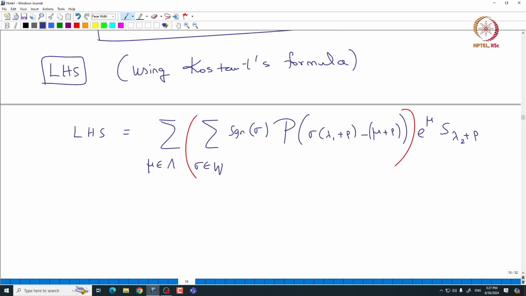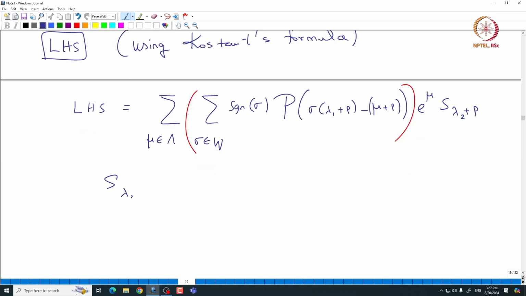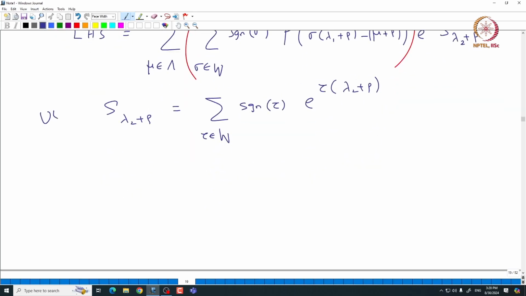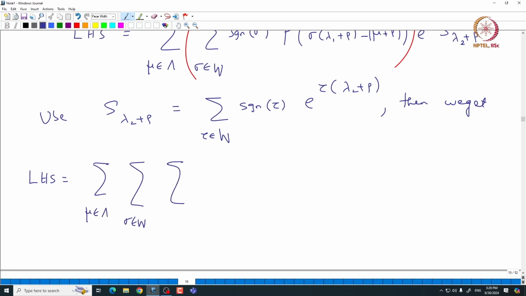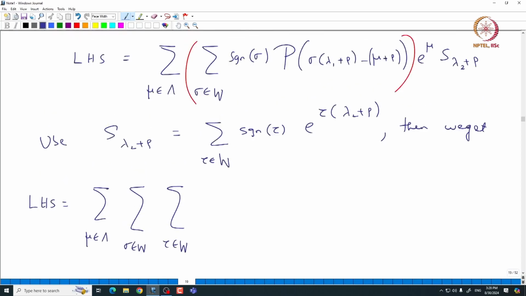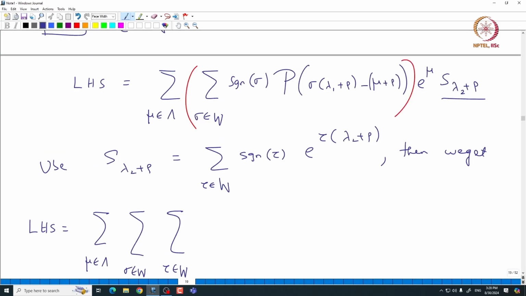Now we can again use the definition of S lambda 2 plus rho, which is given by the summation over tau in W of sine of tau times e power tau of lambda 2 plus rho. If we use this, then the left hand side becomes again the summation over mu in lambda, summation over sigma in W. Now there will be another sum over tau in W, because that is coming from this S lambda 2 plus rho.